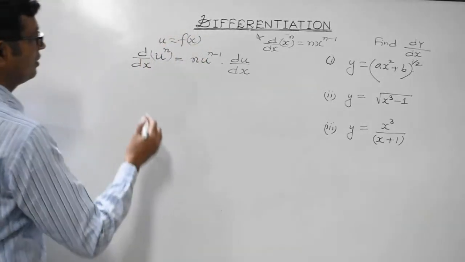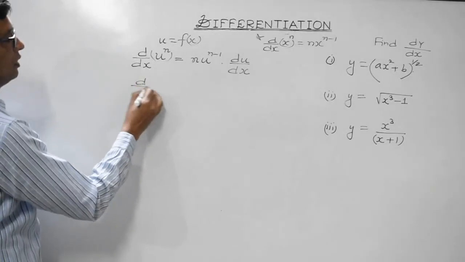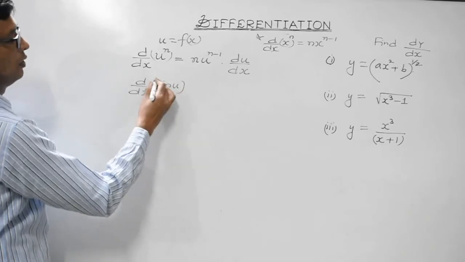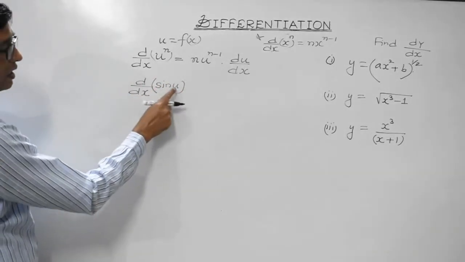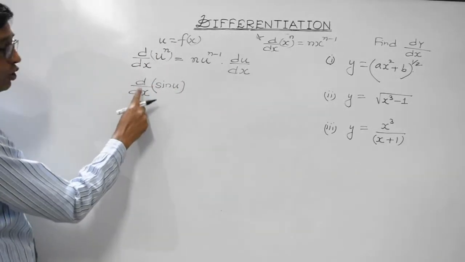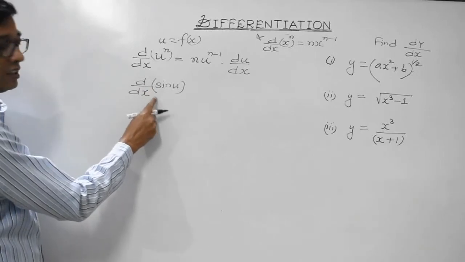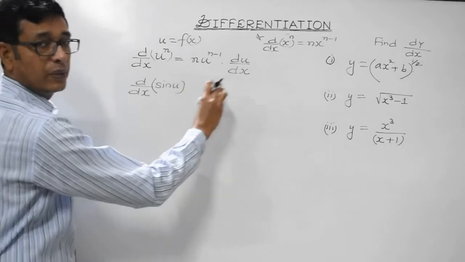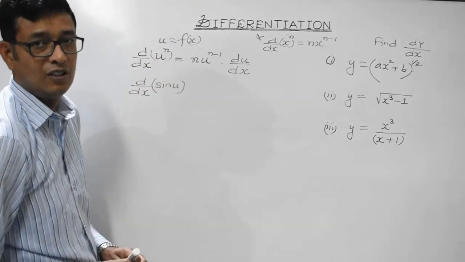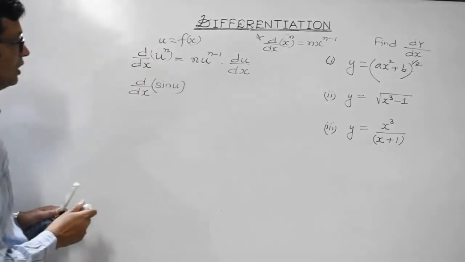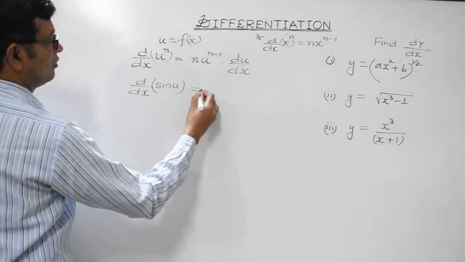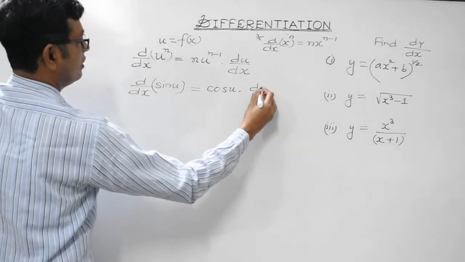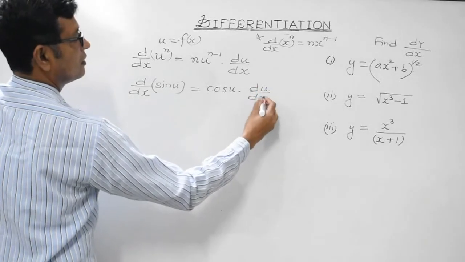Clear? Similarly, if you consider the differentiation of sine u, we are doing differentiation of sine u with respect to x, not with respect to u. In case differentiation of sine u was considered with respect to u, it would have been simply cos u. But here we'll get cos u multiplied by du by dx.